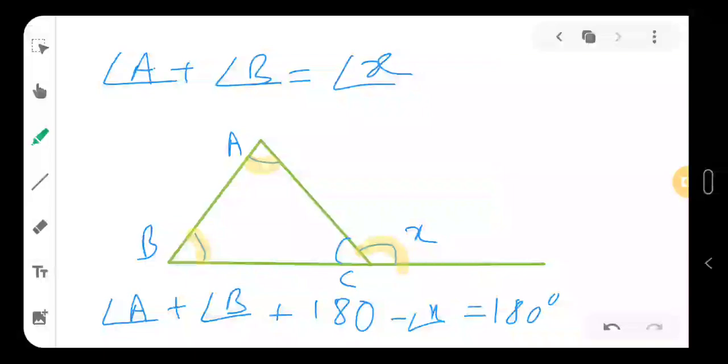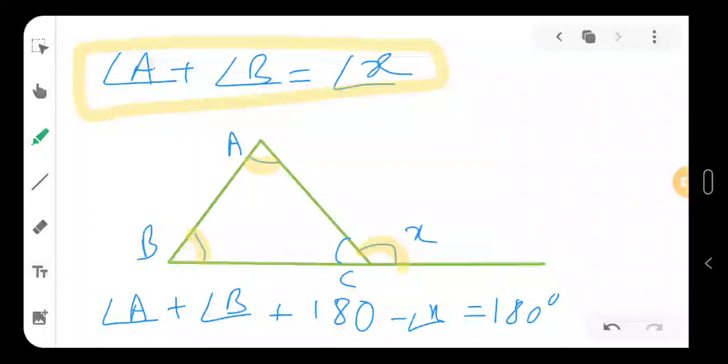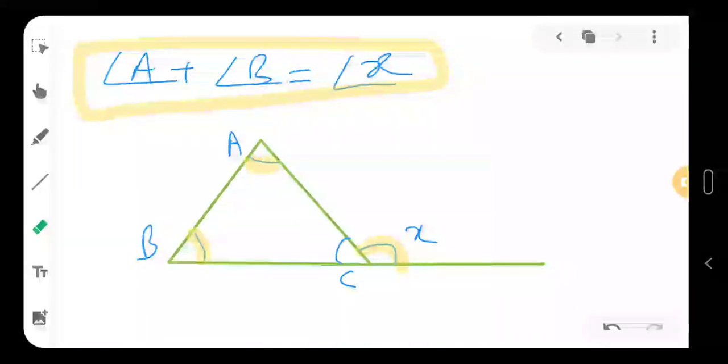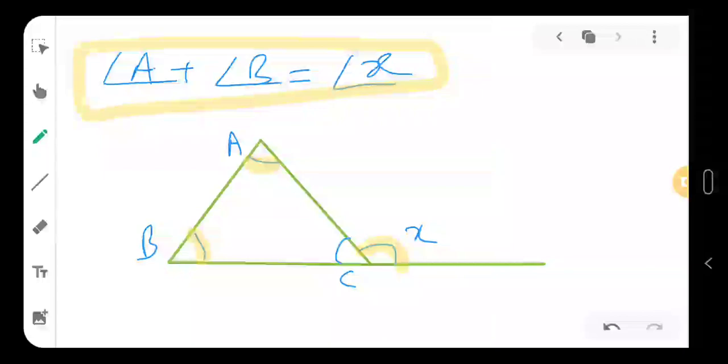This is an important one you might need for some calculations. You will be needing it.